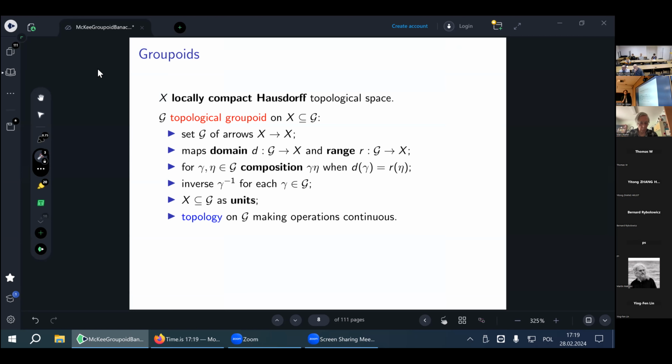Finally, it's a topological groupoid. So we have a topology on G, this set of arrows, and it makes the operations continuous.